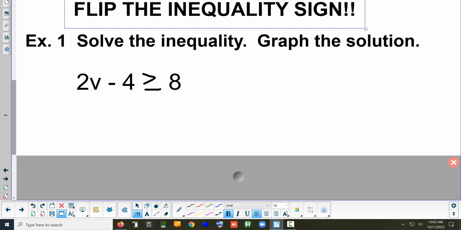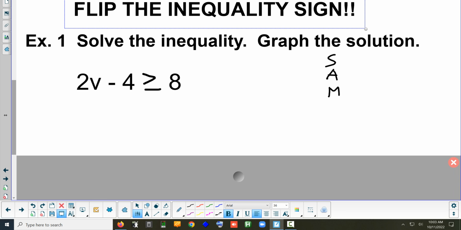It says 2b minus 4 is greater than or equal to 8. So whenever you have multi-step, think of the word SAM and go through that in your head in that order and say, okay, do I have simplify? If you do, go ahead and do it. If you don't, go to the next step.